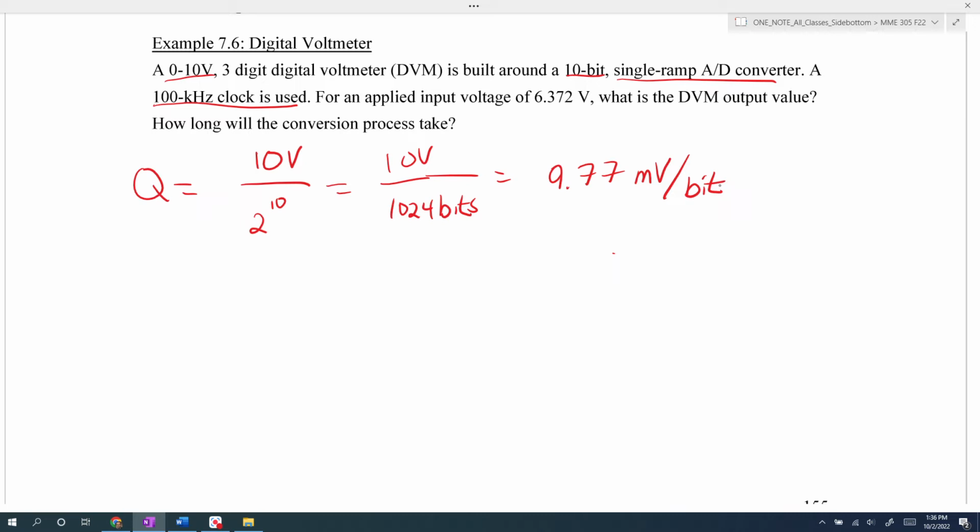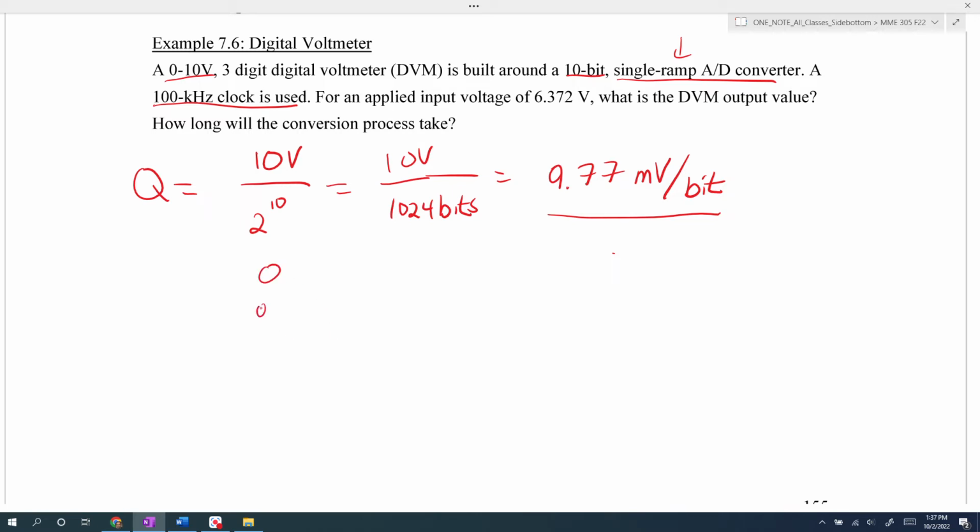What we want to look at is how the single ramp analog to digital converter works. It keeps increasing the value it compares to the input signal, slowly determining the value, and each time it increases by one step. The first time through, the value will be 0.